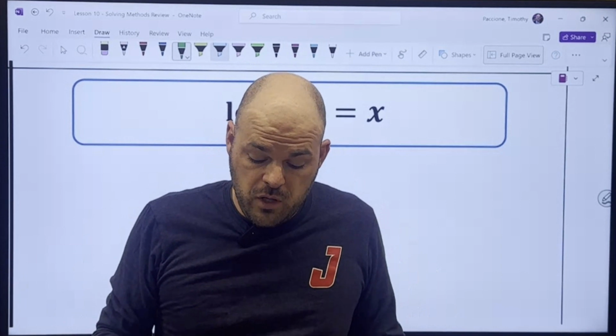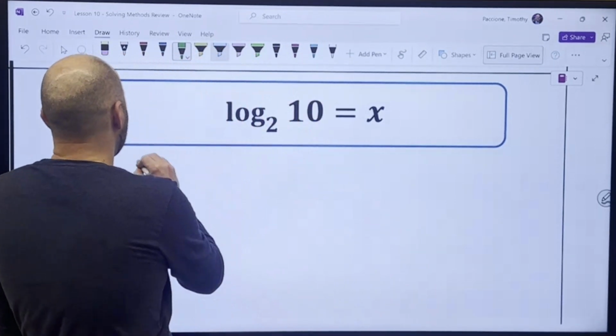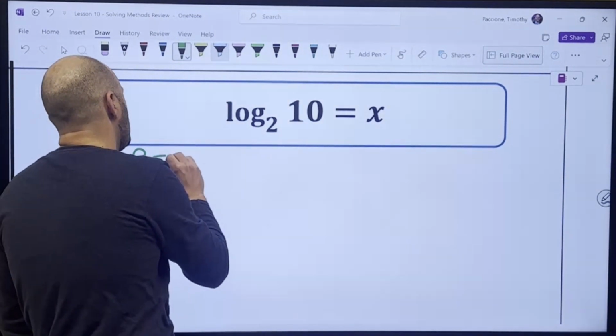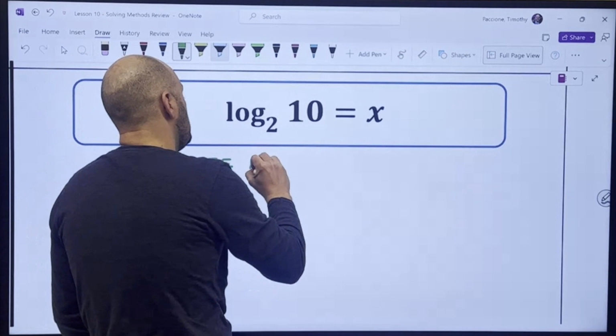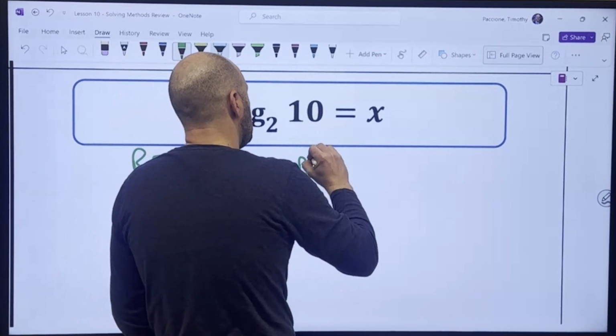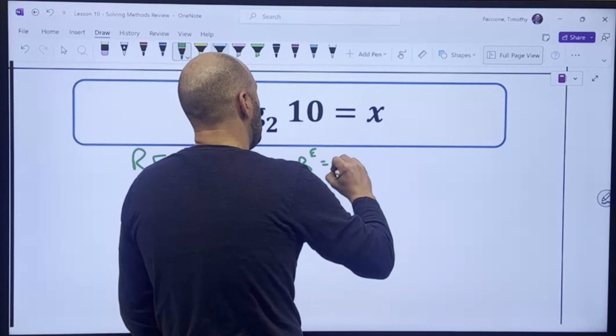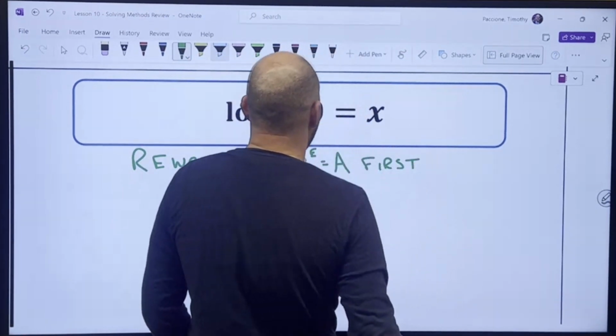So even though we are going to take the log of both sides, we have to do that first. So we're going to rewrite in base to the exponent equals answer first, right, in that exponential form, right?